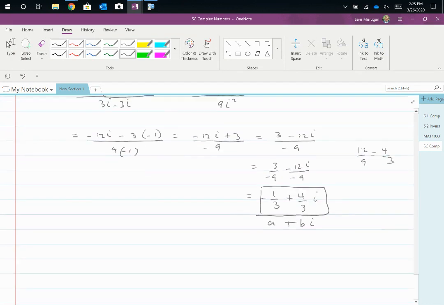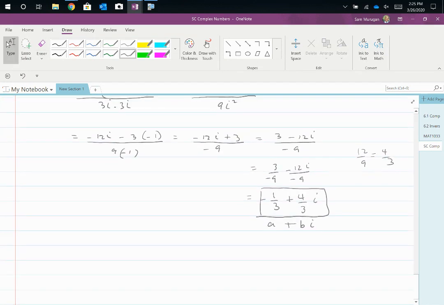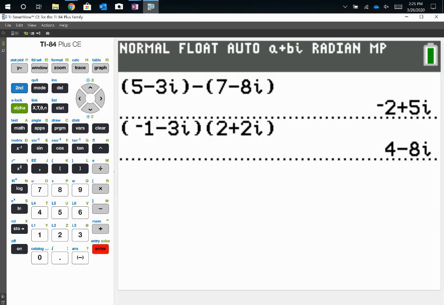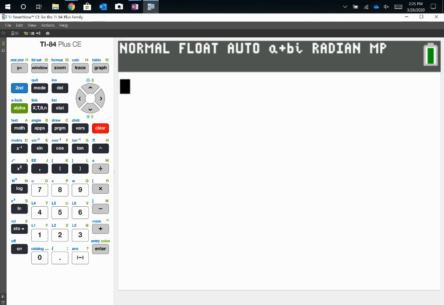One more thing here. I just wanted to make sure that you know how to put this into your calculator as well. So be very, very careful when putting this into the calculator, okay? Negative 4 minus i divided by 3i.